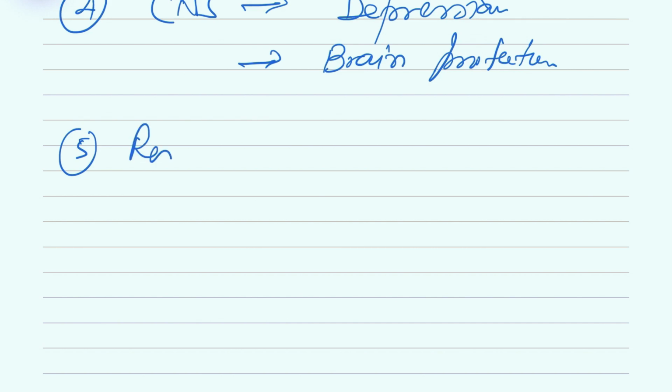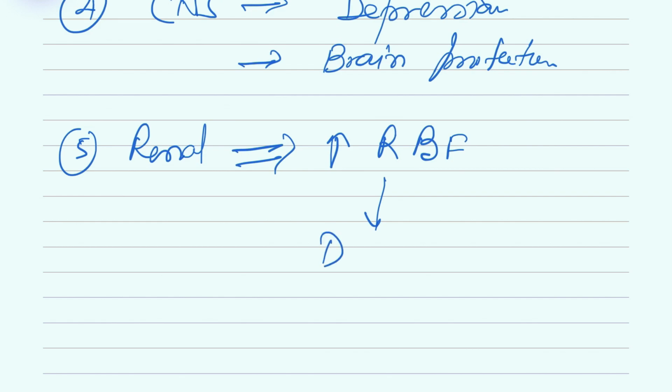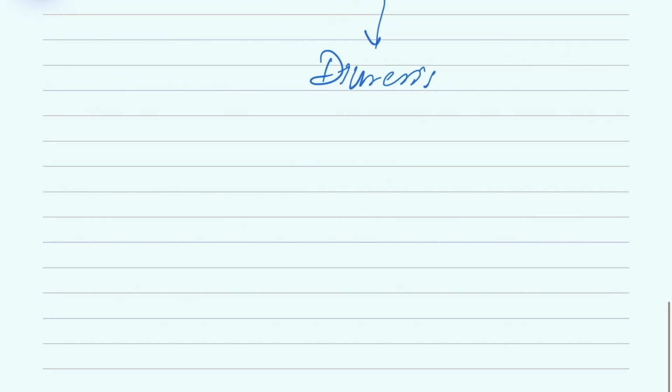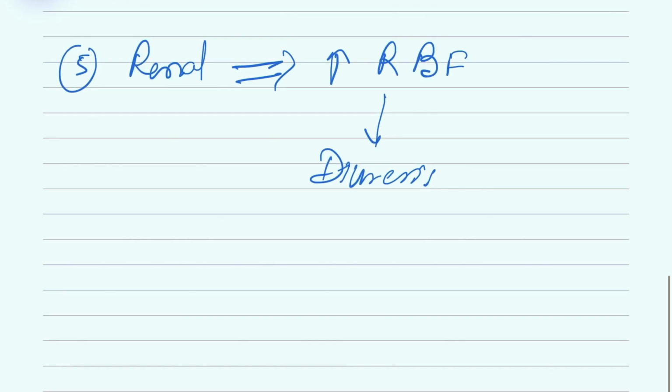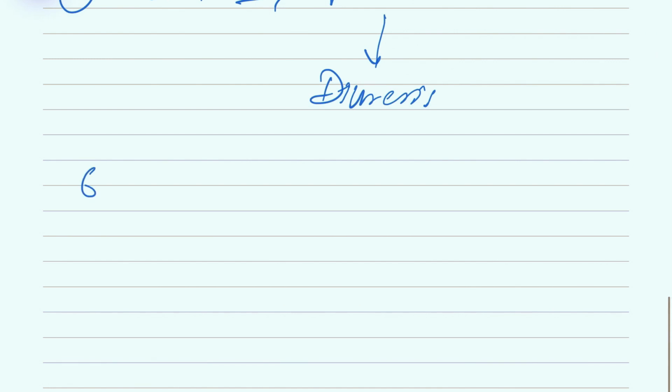In the renal system, in hypothermia you will get an increase in renal blood flow leading to diuresis. Many times you will notice that during surgery the patient lands in diuresis, probably because of lots of fluid being given along with the hypothermia which has been developing.